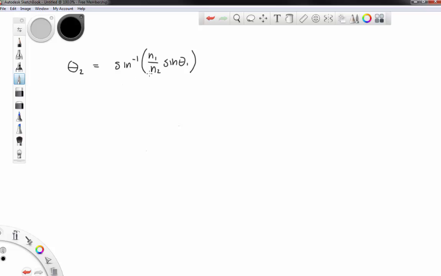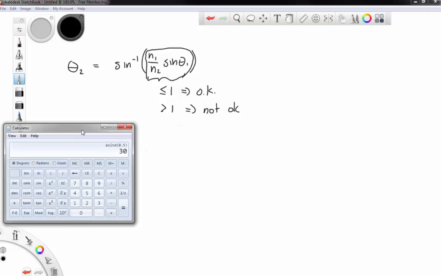So long as this whole product inside the parentheses is less than or equal to 1, then this operation will work. But if it is greater than 1, then you will get an error message from your calculator. This is basically not okay. And I'll just demo that for you just for fun.